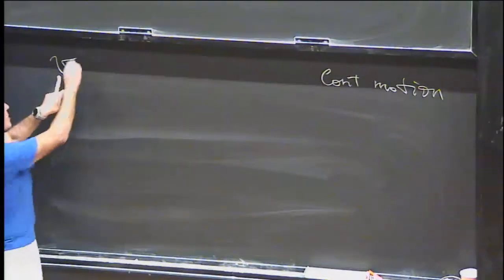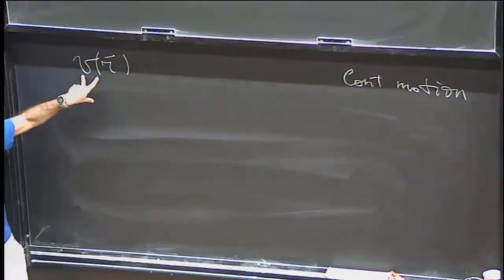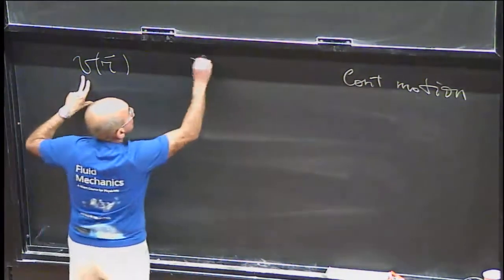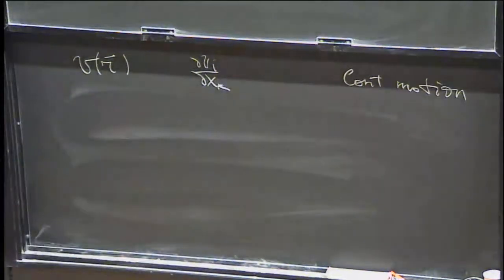Which means that this velocity, as a function of its spatial coordinate, will be assumed to be not only continuous, but have finite first derivatives. Namely, in this tensor, all elements are supposed to be finite.